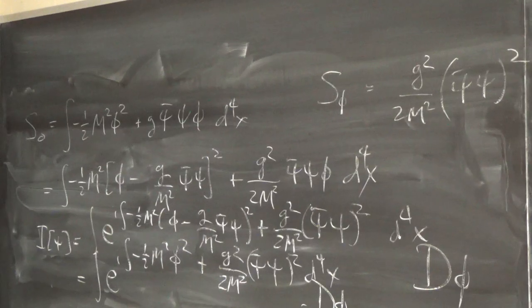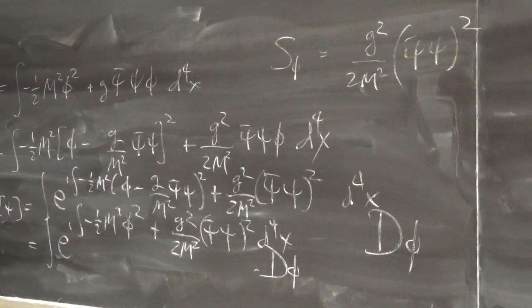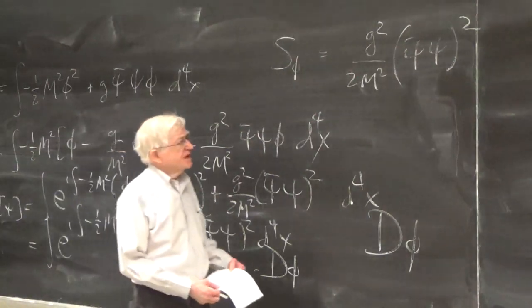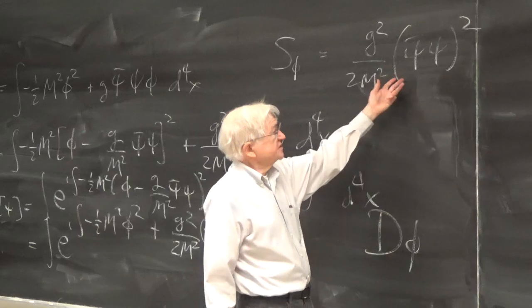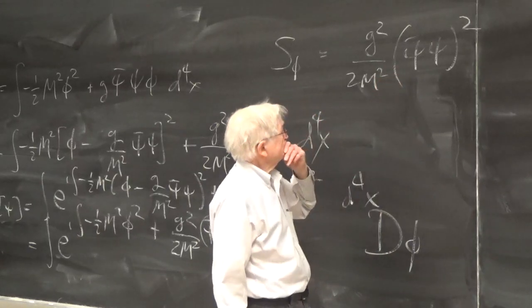So that's the idea: if we do the path integral over the heavy fields, the result is simply to produce in the action of the standard model fields, or the low energy fields, a new term.